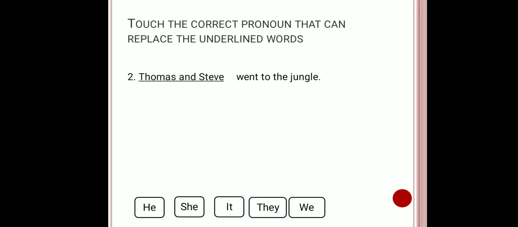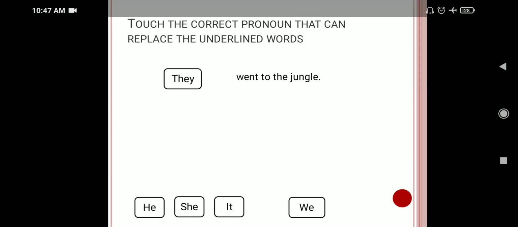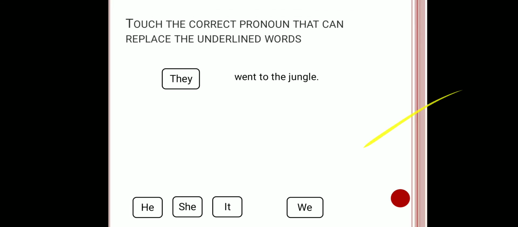They are plural because they are two. So I cannot use the third singular pronouns. I cannot use he, she, neither it. I have to use a plural subject pronoun. I have they or we. But I'm not included, so I'm not going to use we, right? So I'm going to use they. Excellent. They went to the jungle.